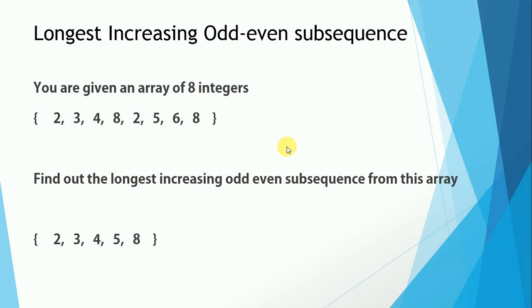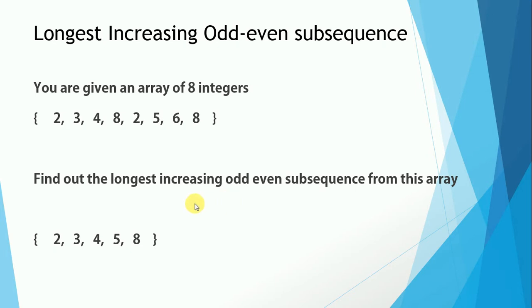The job is to find the length of the longest subsequence from this array such that the integers are in increasing order, plus the alternating integers are odd even. You can either start the subsequence with an odd integer or an even integer. There is no compulsion.